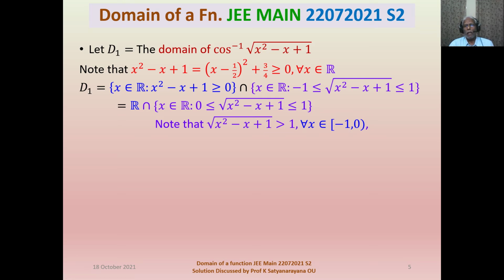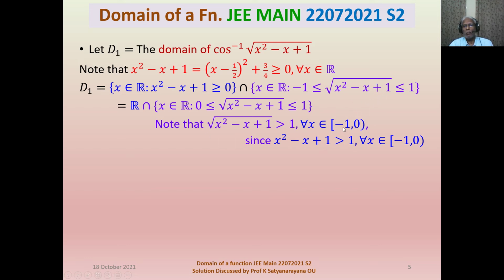And why is it so? Since x square minus x plus 1 is greater than 1 for all x belongs to this interval minus 1 to 0, so it is greater than 1, therefore it cannot come here.